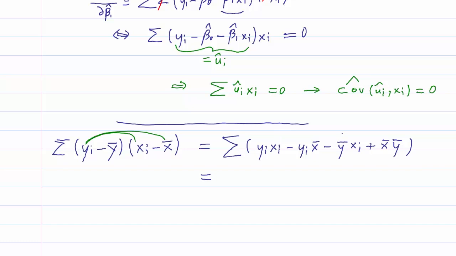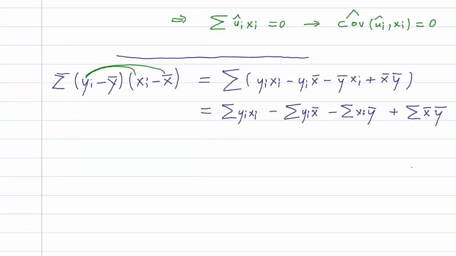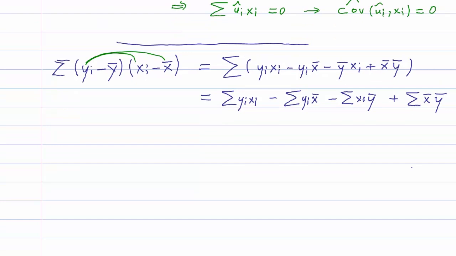Now we have a sum of sums and subtractions, so I can basically distribute the sum sign. We have sum of yi xi, then we have minus the sum of yi x bar, minus the sum of xi y bar, and plus the sum of x bar y bar. Because the x bar here, the y bar here, and the x bar y bar here are constants, we can get them out of the sum.